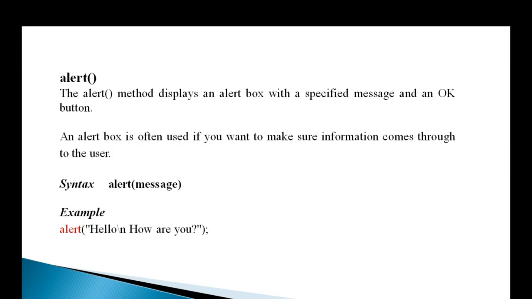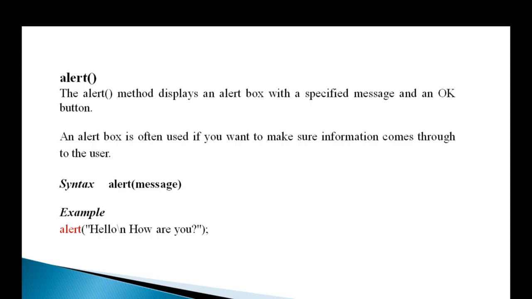And the next method is the alert method. This method displays an alert box with a specified message and an OK button. An alert box is often used to make sure information comes through to the user. Alert is a method which displays the alert box.